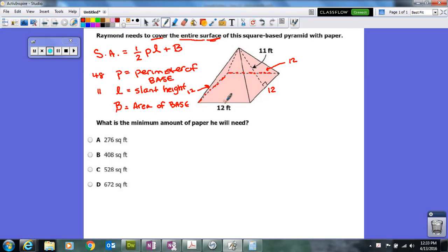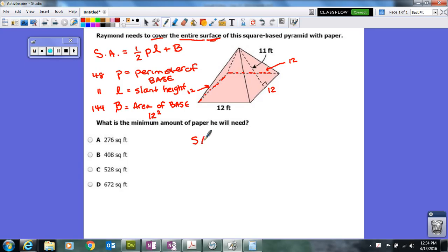So since one of the sides is 12 units, we'll use that measurement and we square it. 12 squared, that comes out to be 144. So now that I know what my P is and what my L is and what my big B is, I'm going to plug these numbers into my surface area formula and find out what the surface area of my square-based pyramid is so I can determine the minimum amount of paper Raymond will use to cover the pyramid.